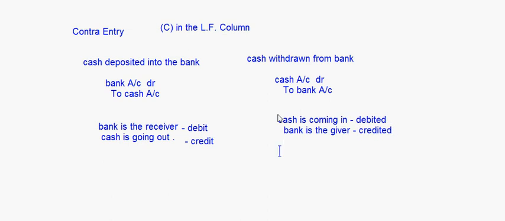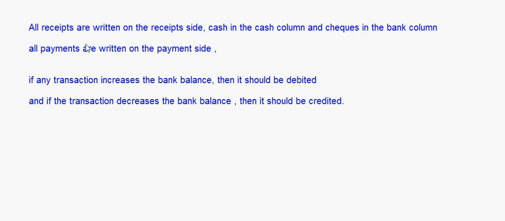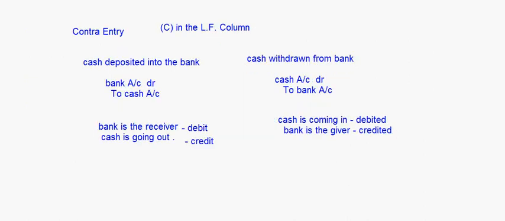And you can take it in this way also, like the one which I had written here. If any transaction increases the bank balance, then it should be debited, and if the transaction decreases the bank balance, then it should be credited. Now see here, when you deposit cash into the bank, the balance increases, so it should be debited. And when you withdraw cash from the bank, the balance decreases, so that should be credited. So that's as simple as that.